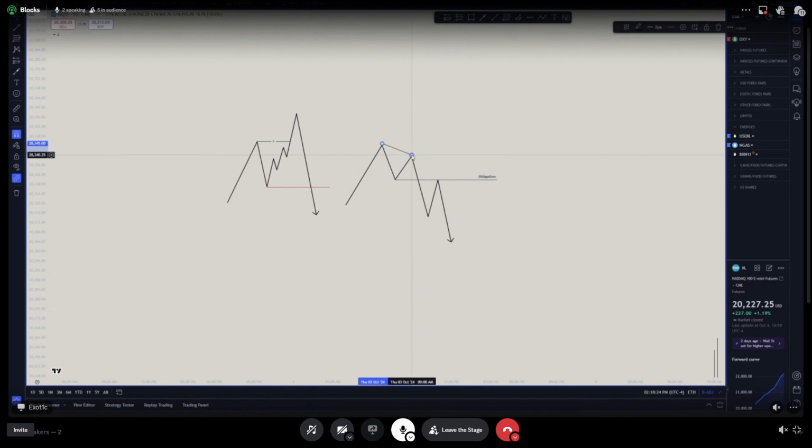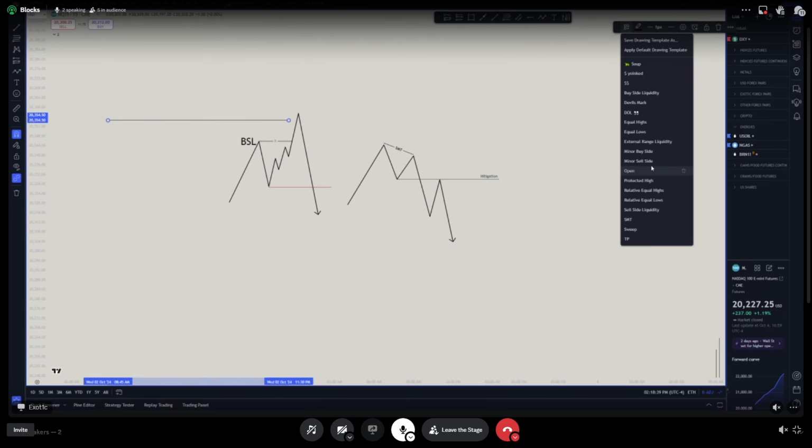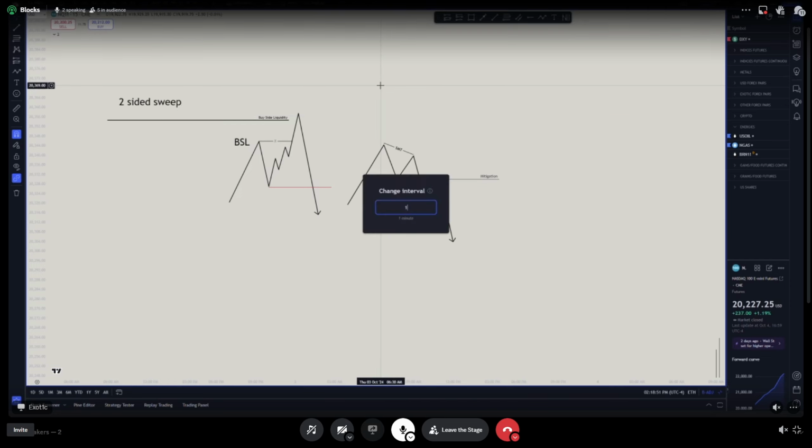So the difference between a mitigation block and a breaker block is a breaker block is going to sweep two sides of liquidity. Your breaker block is going to sweep your buy side, which lies up here, when hopefully up here as well, right? It's going to sweep your buy side here, and so this is a two-sided sweep. While your mitigation block is going to be a one-sided sweep.